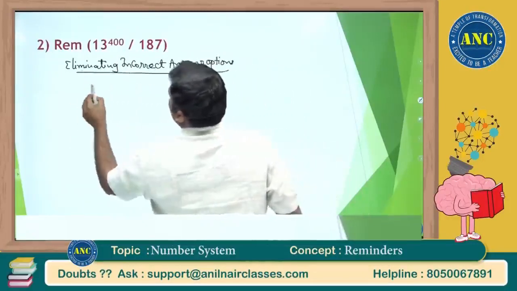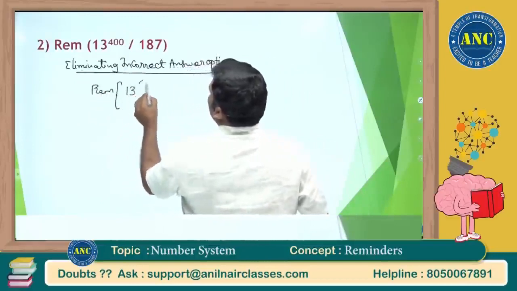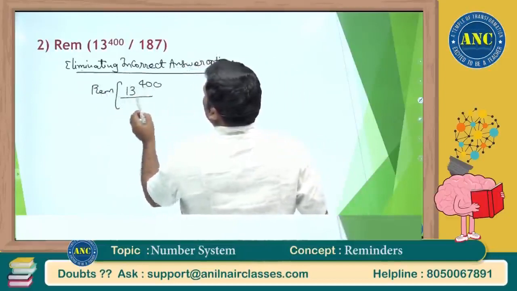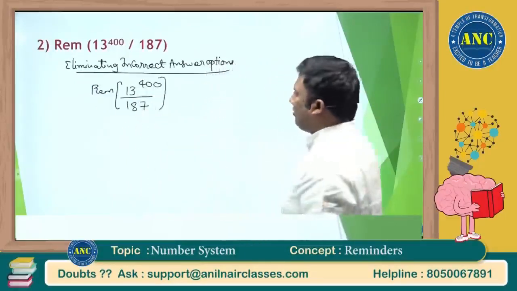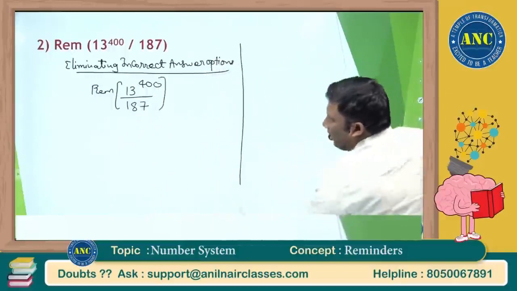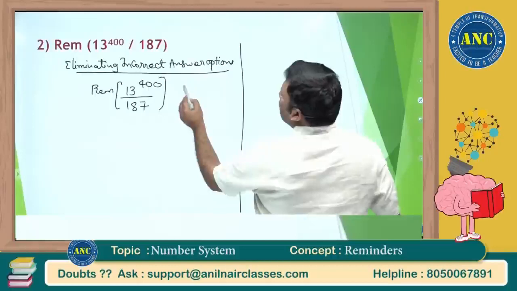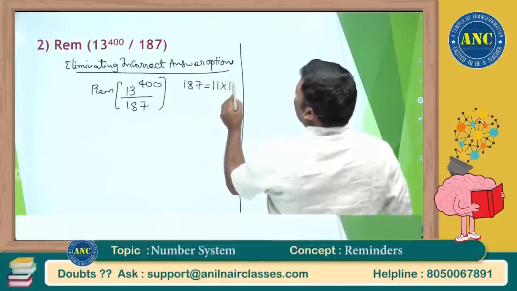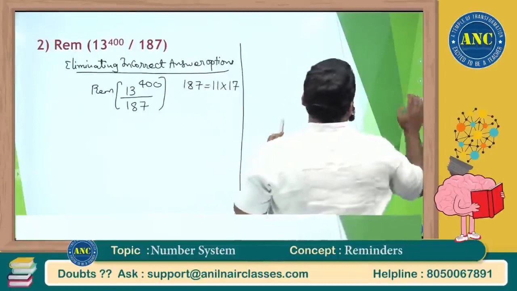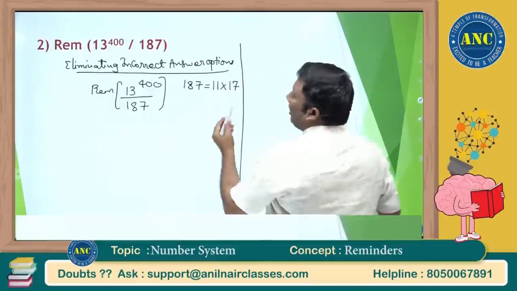Just by looking at the question, 13 power 400 divided by 187, I will do method number 2 here so that it will be clear. 187 is a composite number, so it is 11 into 17.